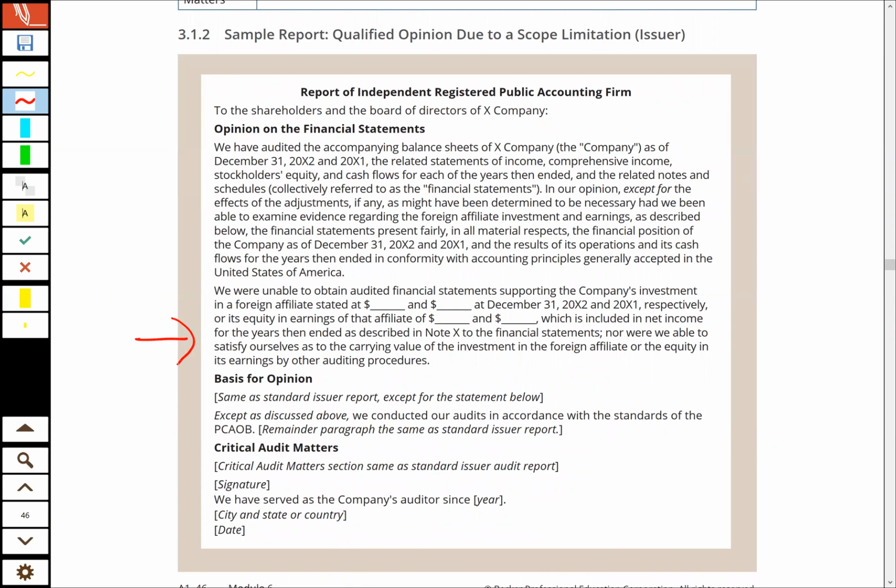That's that additional paragraph. Basis for the opinion. But now you're going to say what? Except for what I just told you I couldn't do. So that's a little different than what we saw for the GAAP qualification, because with the GAAP qualification, you weren't calling out something that you couldn't do. Whereas here, now we're going to have to say there were some procedures that we weren't able to apply. And then again, the critical matters is going to essentially be the same.